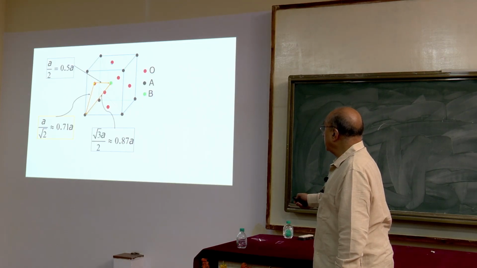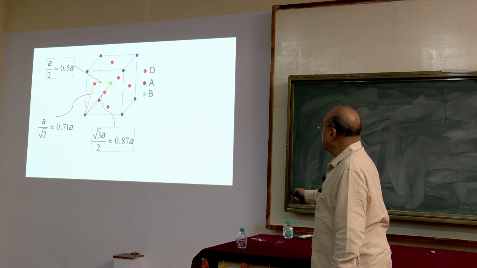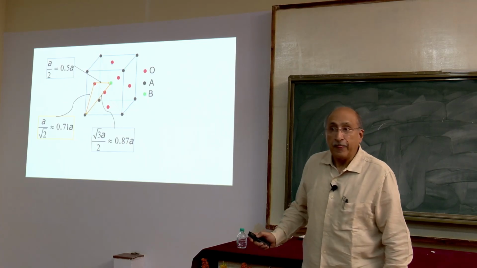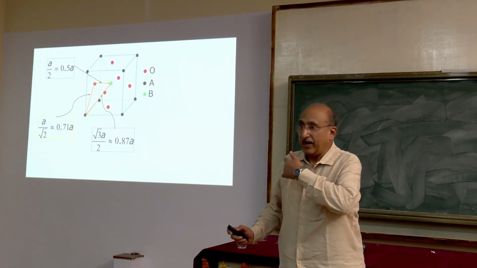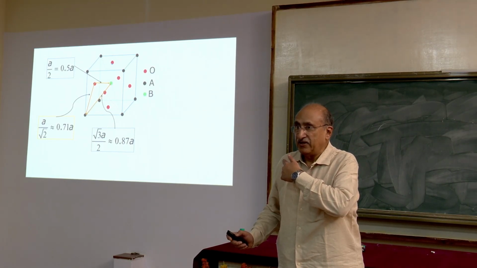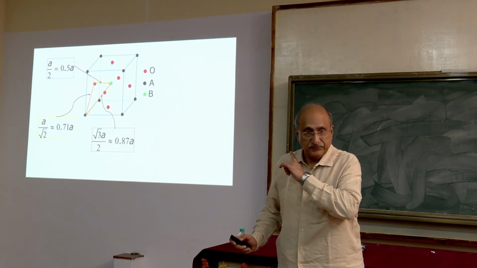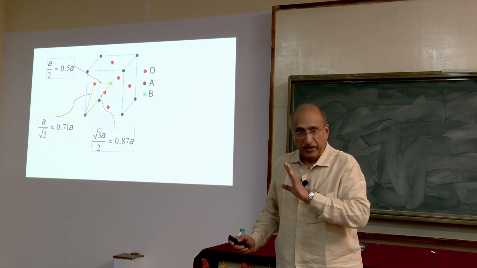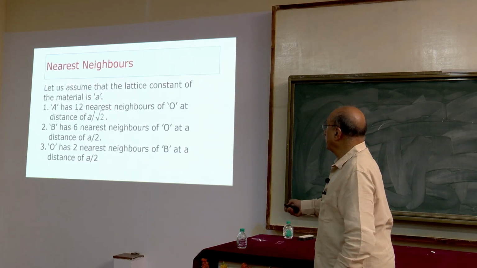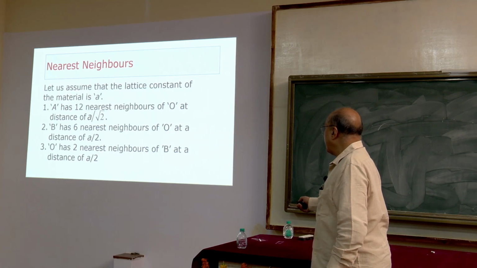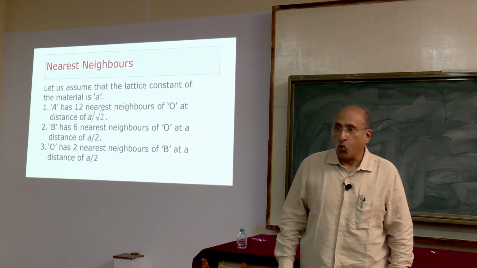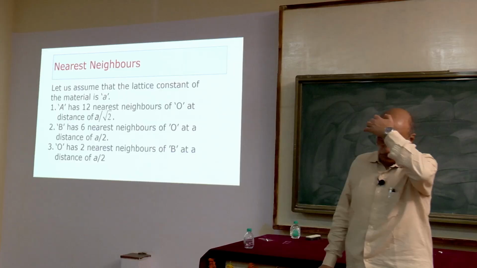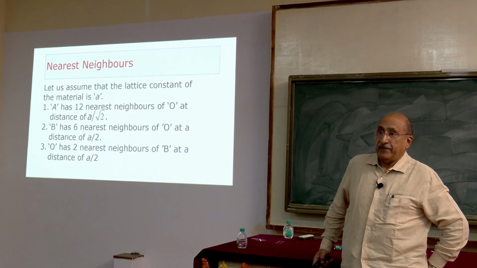Here, 3, 6. Actually, it can be seen very easily from this picture itself. There are 6 neighbors. Agreed? We have 6 nearest neighbors O at a distance of a by 2. Fine.